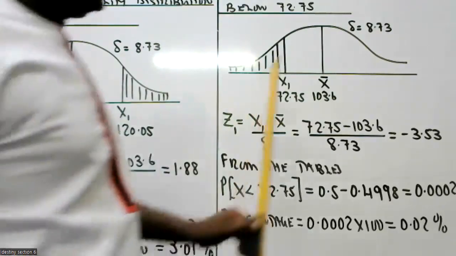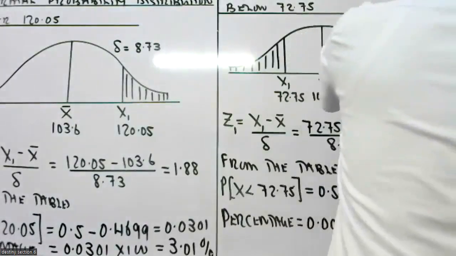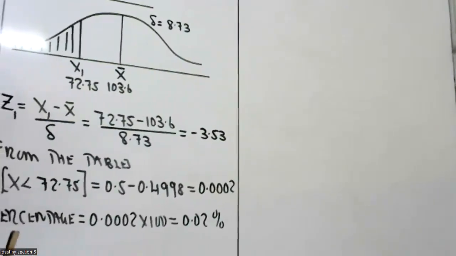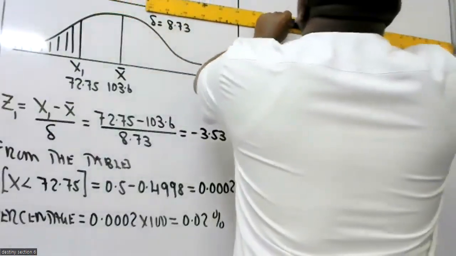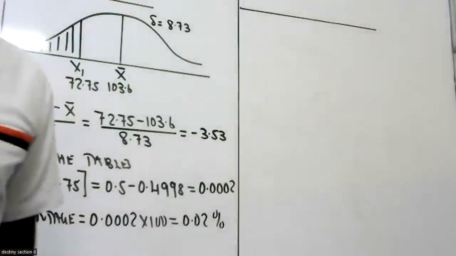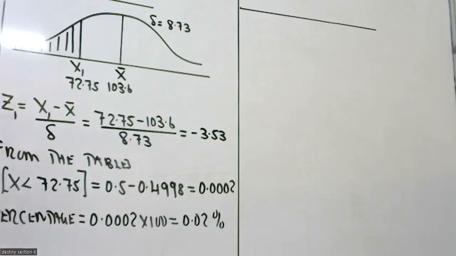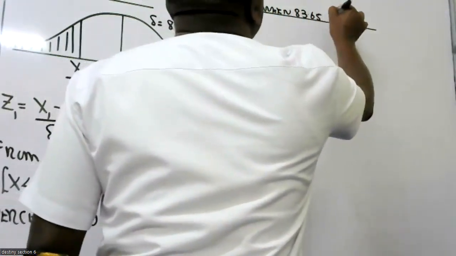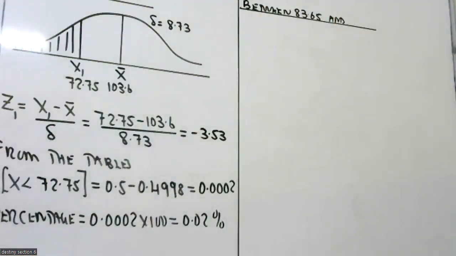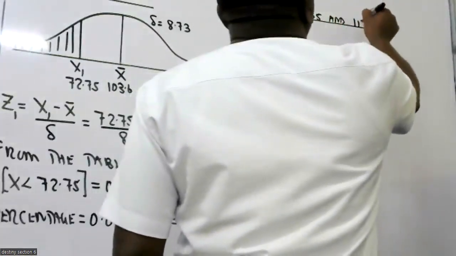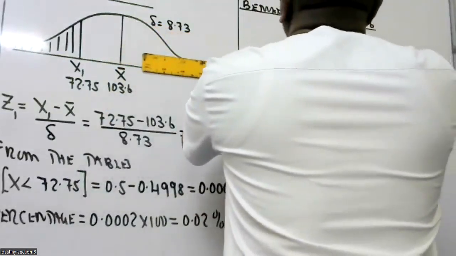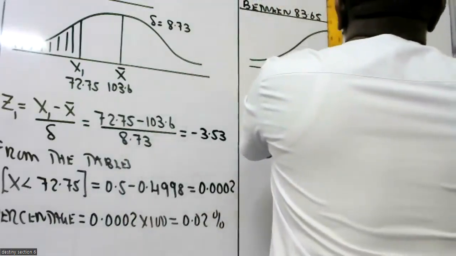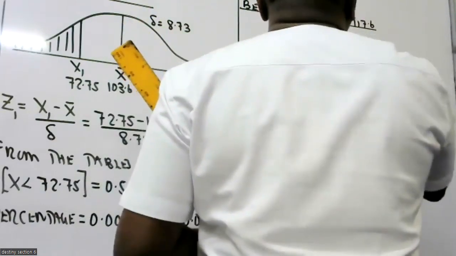Between 83.65 and 117.6. So my X bar here is 103.6.